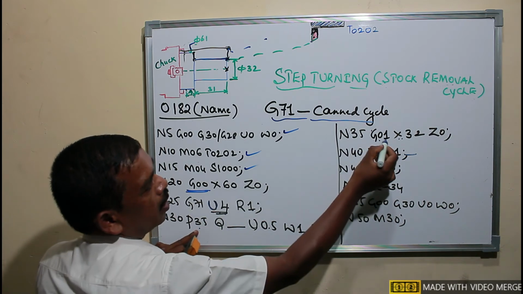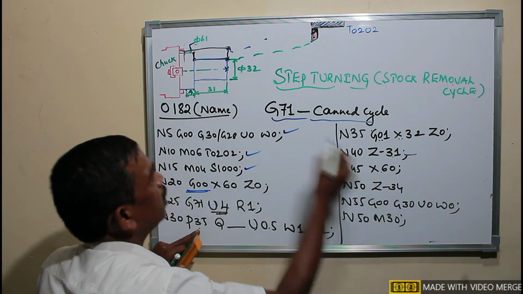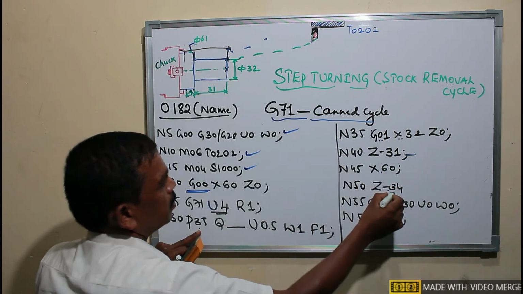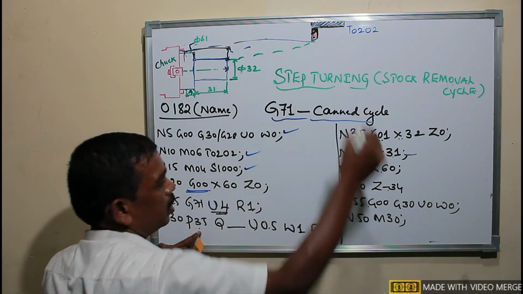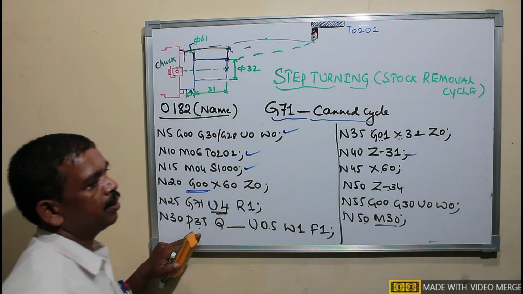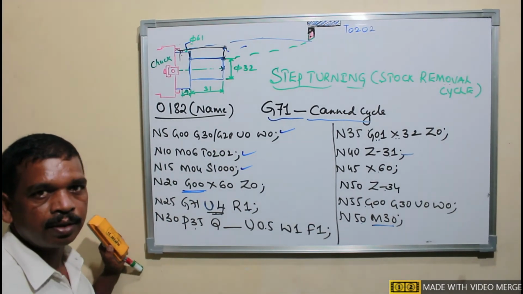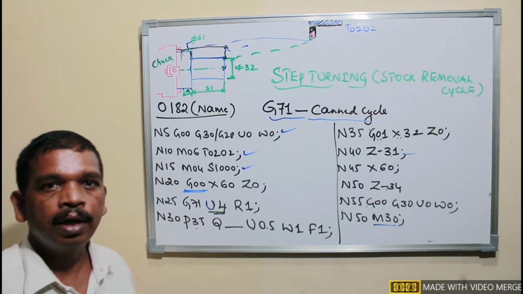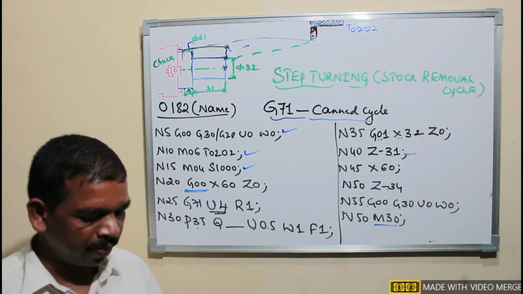So P is the contour starting point, that means the final shape of the workpiece, and this is the diameter of the workpiece. Then again from here to here the length is considered, and then the tool will move to its home position, and M30 is for program end and rewind. So this is the programming procedure for removing the stock. Now I will show you how these instructions will actually produce the required shape and size of the workpiece.